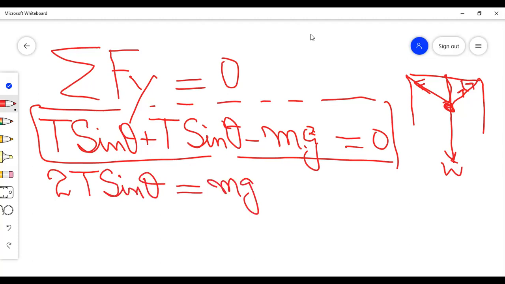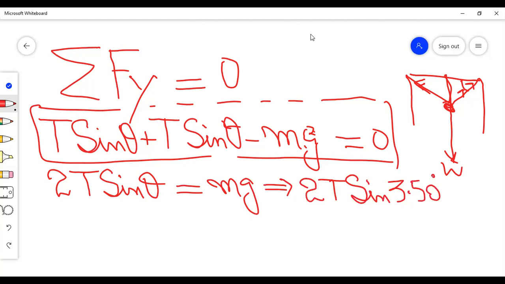But we are looking for the tension. So this implies 2T sine of the angle, what was that angle? 3.50. Yes, so we are putting the values of theta.